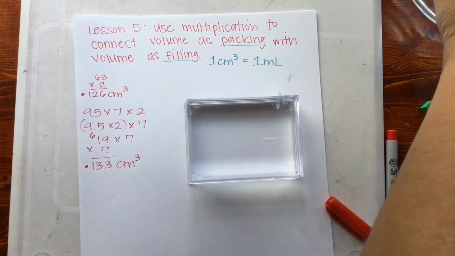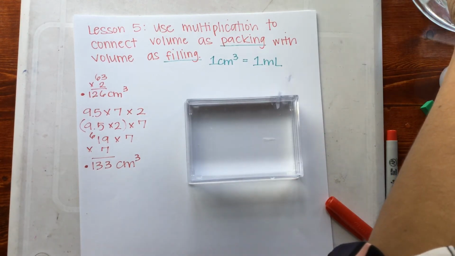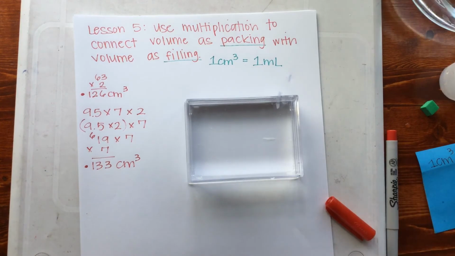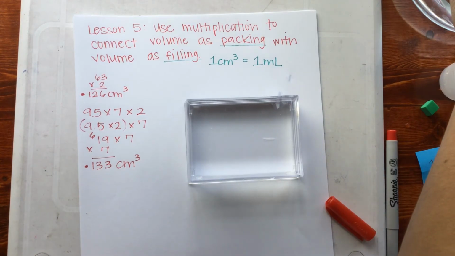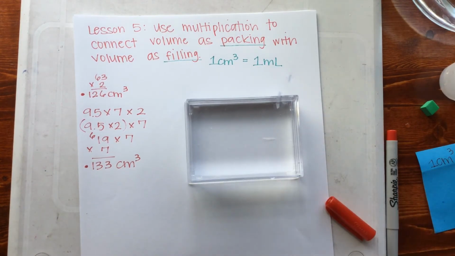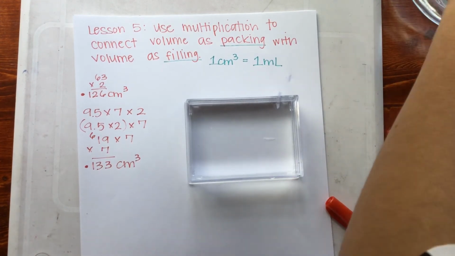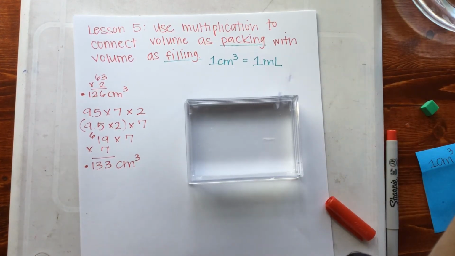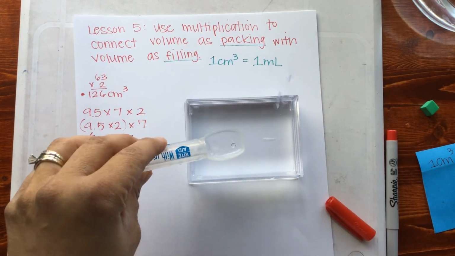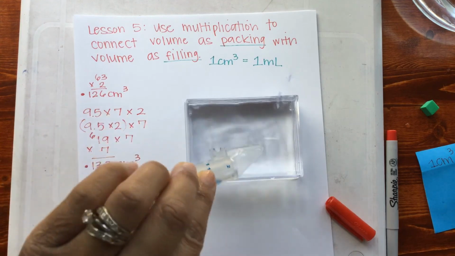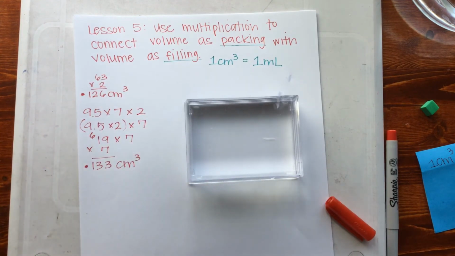We're seeing which answer is more accurate. Trying to get as close. There we go. Okay, so I'm adding in the additional 7 milliliters, and that took it right up to the top.